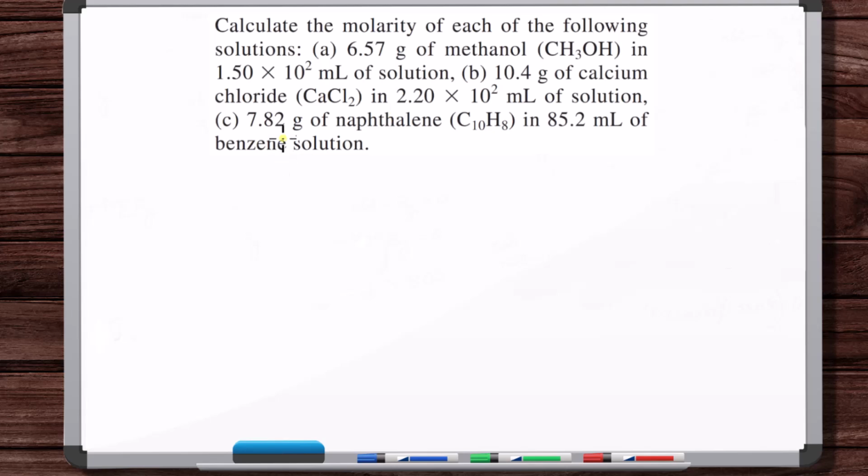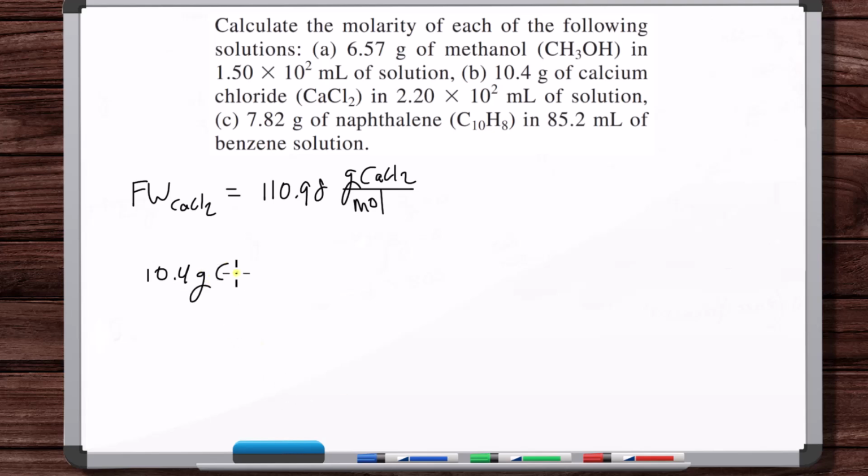Okay, part B. So what is the formula weight of calcium chloride? That's 110.98 grams of calcium chloride per mole. So, okay, if we've got 10.4 grams of calcium chloride in this solution, then how many moles is that?